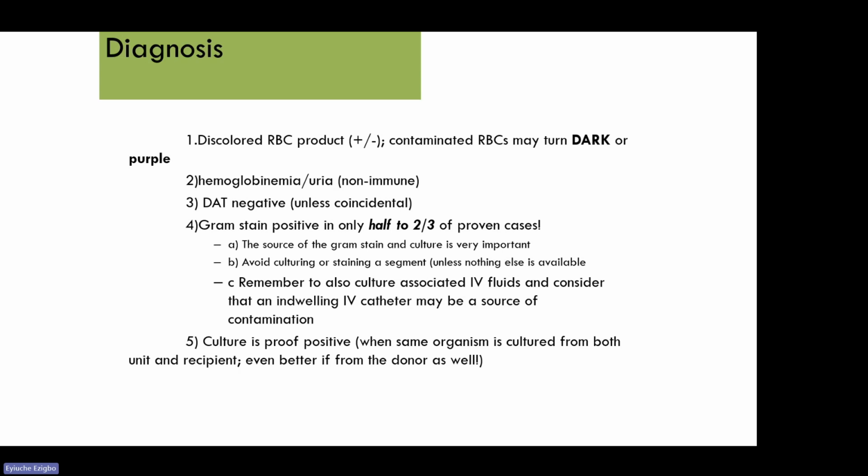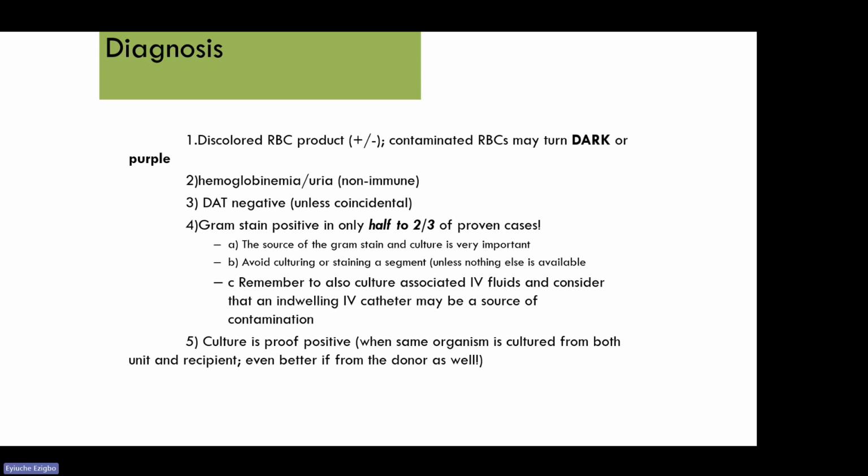Source of the gram stain and culture is very important. Avoid culturing or staining a segment. Remember to also culture associated IV fluid, and consider that an indwelling IV catheter may be a source of contamination. So during the process of culturing, when we are suspecting bacterial contamination of the blood products, first we culture everything.